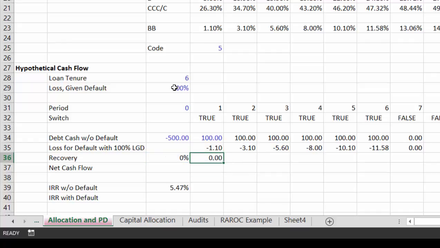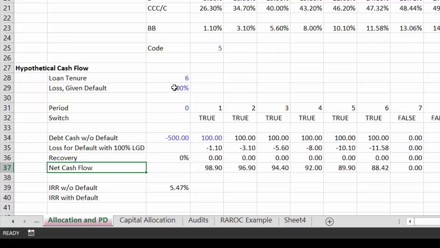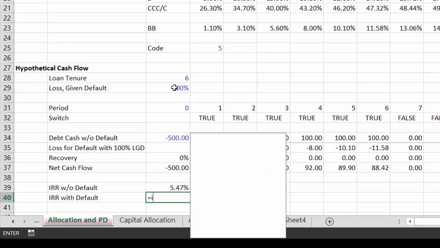And then we can put our net cash flow as alternate equal. And then we can put IRR.